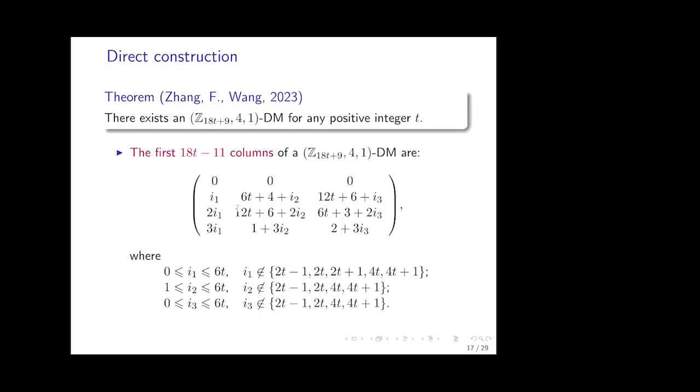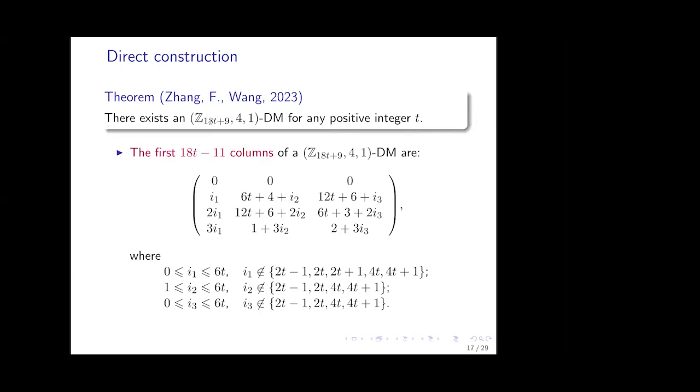Actually, these columns have some pattern. Let us recall our first definition, the very simple definition. For example, this column, the first one is 0, i, 2 times i, 3 times i. We know that if all of the columns have this form, then the order must be coprime to 6.